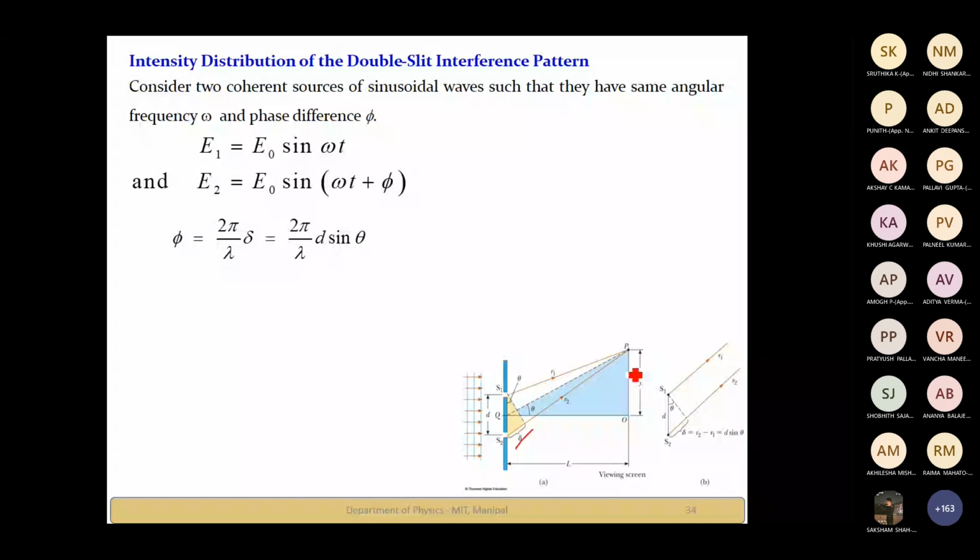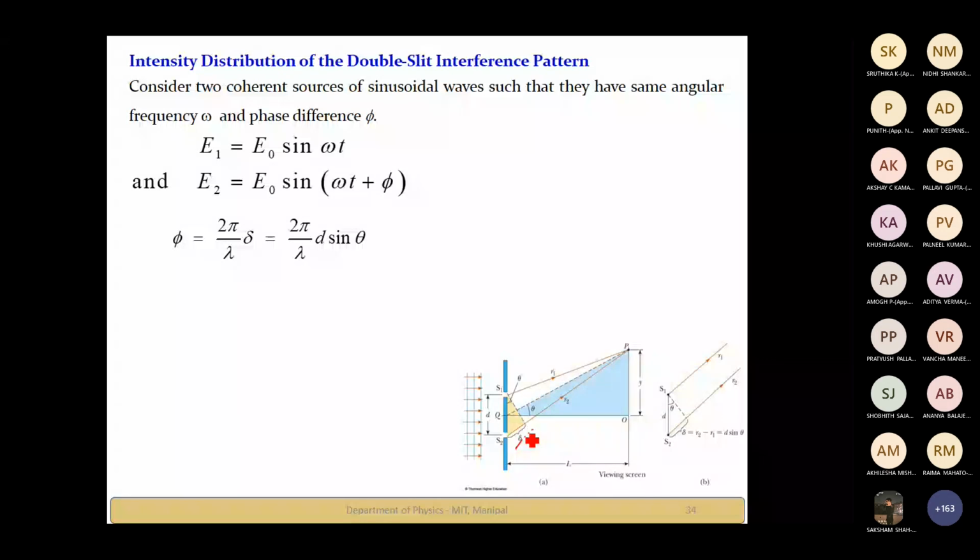For instance, if you take the upper portion of the screen, you will see that the waves arriving from slit 2 have to travel an extra distance. Suppose you take the lower portion, below O, you will see that the waves arriving from S1 will have to travel an extra path compared to the waves arriving from S2. So there will be a phase difference between the two waves.